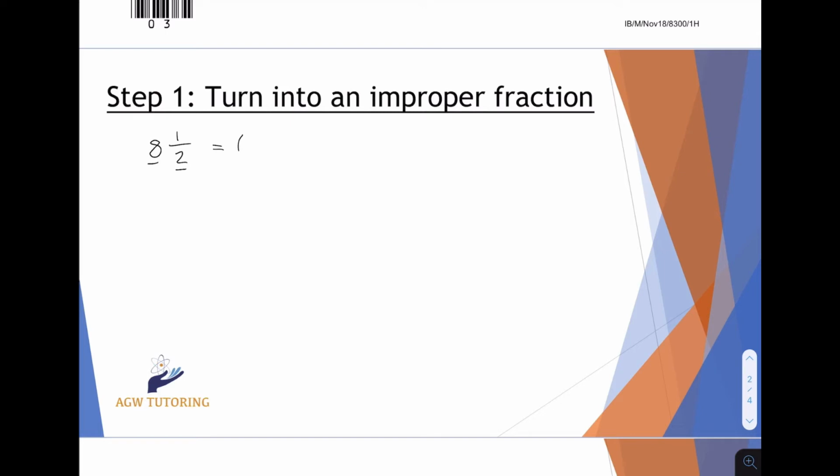So we're going to do 8 times 2 plus the numerator, so plus 1. And that is going to give us 16 plus 1, which is equal to 17. And that is how you get the numerator of an improper fraction. But all of these things are still going to be divided by 2. So we've got 8 1/2 is equal to 17/2.